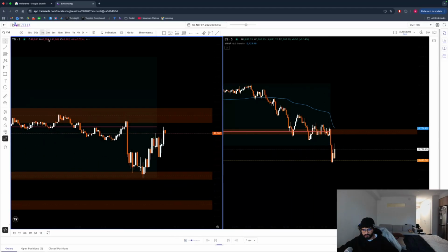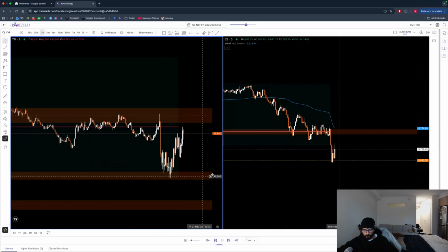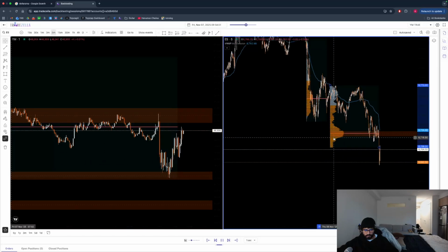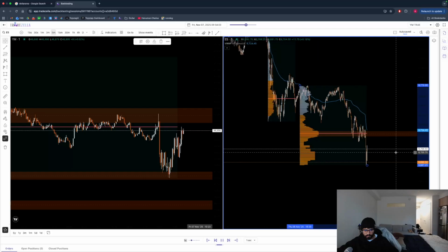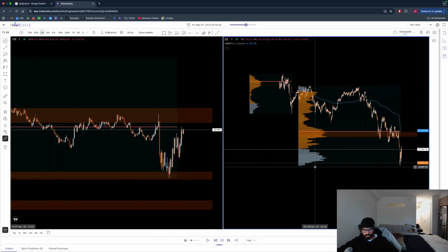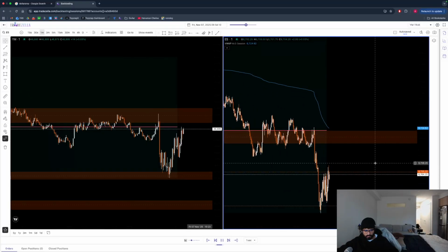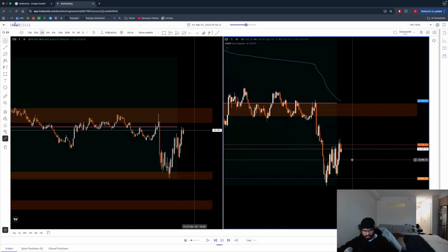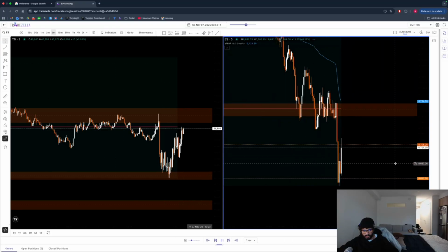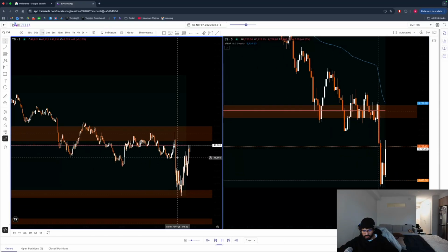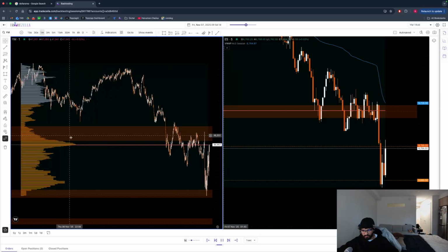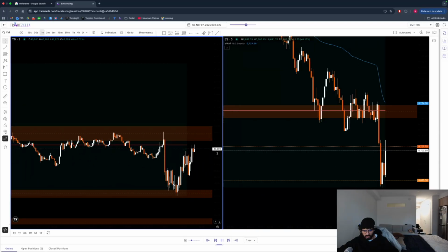Slowing us down a bit. We had a decent reclaim from those lows. This is pretty choppy PA right here, but I'm comfortable taking the reversal long if we're able to actually support this zone.